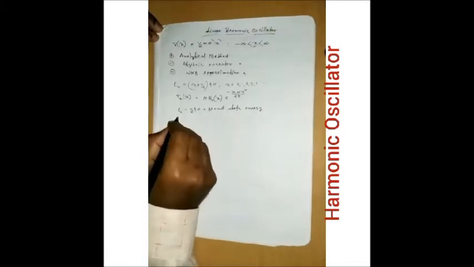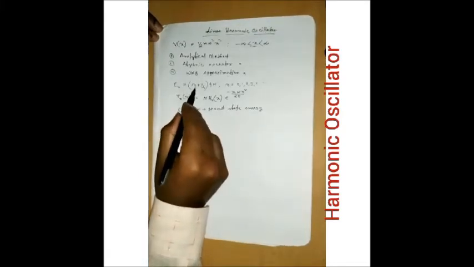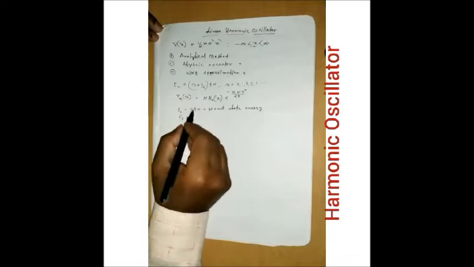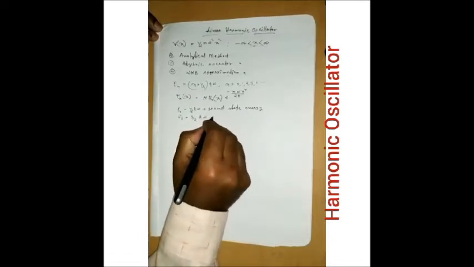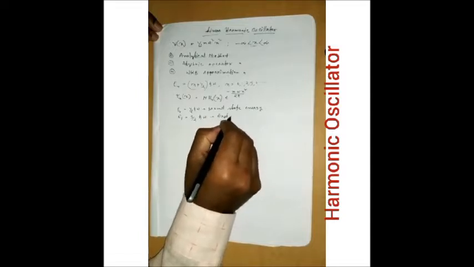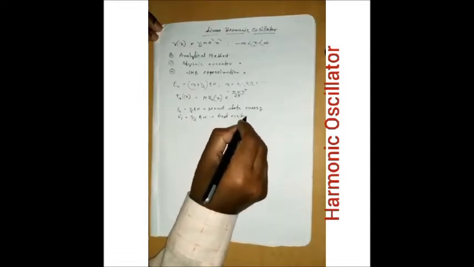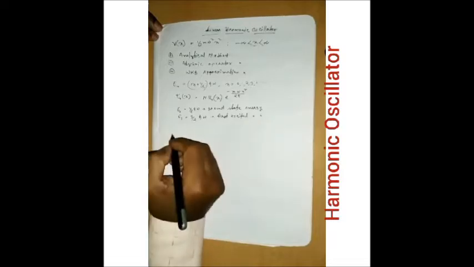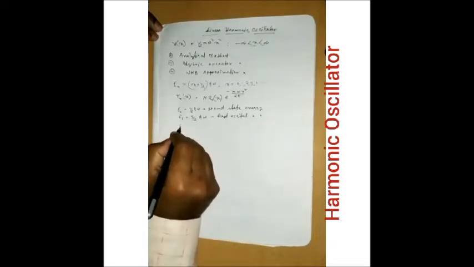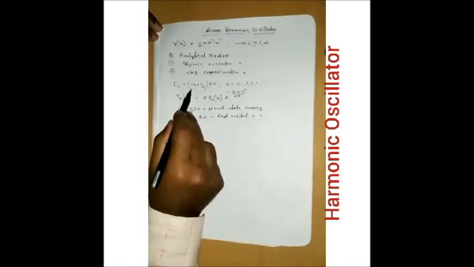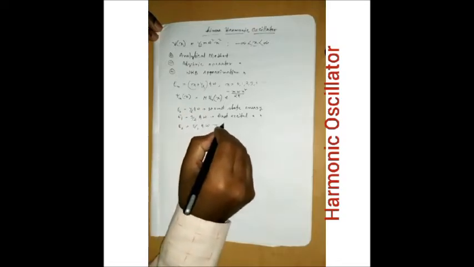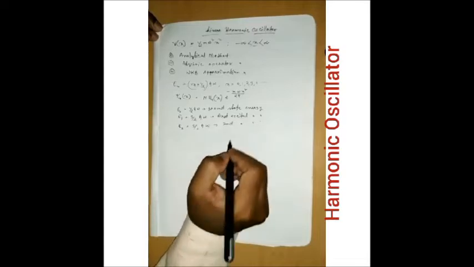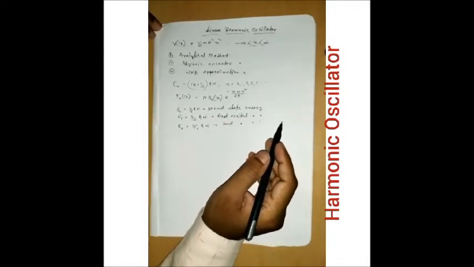If I take n equal to 1, you will get E1 equal to 1 plus half, equal to 3 by 2 ħω. So this is called the first excited state energy. Similarly, if I take n equal to 2, E2 equal to 2 plus half, which is 5 by 2 ħω, the second excited state energy, and so on, one can find out.